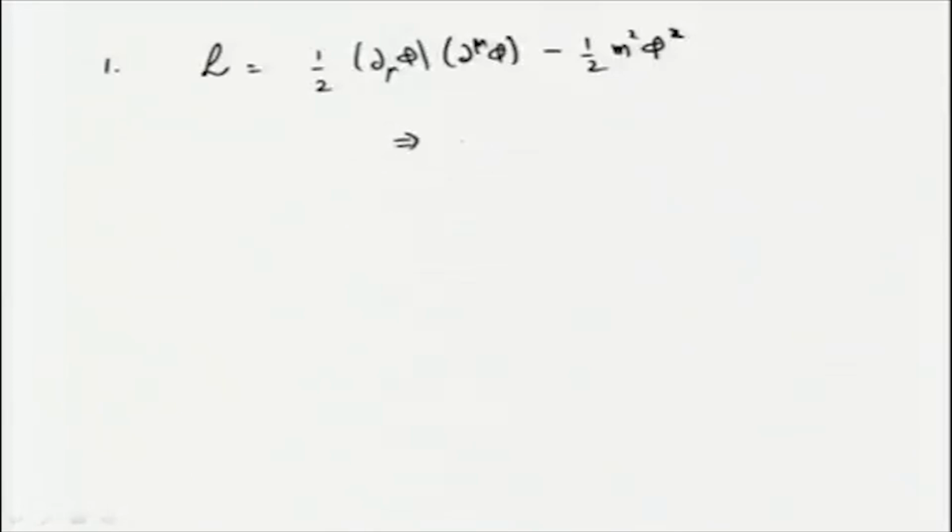One, L is equal to 1 over 2 ∂_μ φ ∂^μ φ minus 1 over 2 m² φ², and this gave us the Klein-Gordon equation, which is essentially (□ + m²) acting on φ equal to 0.